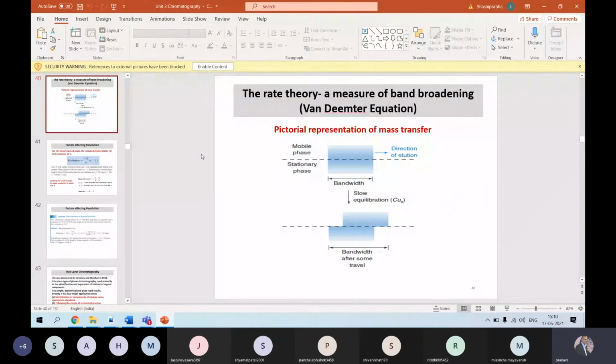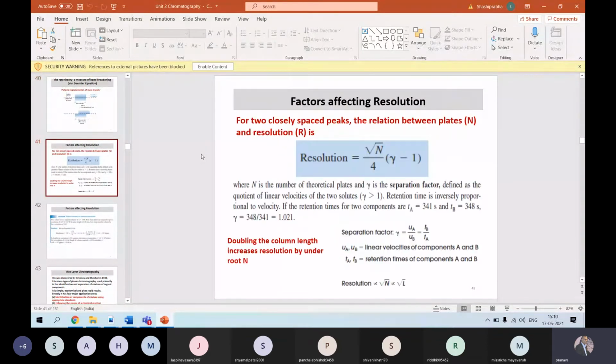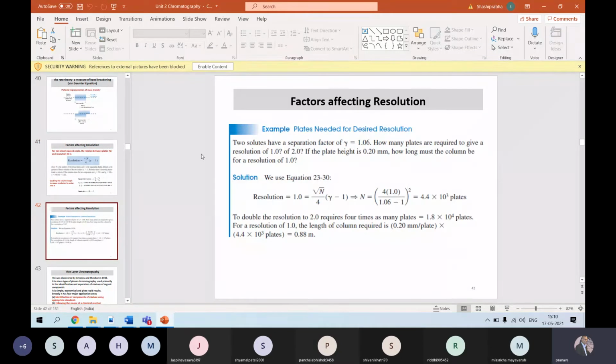Van Deemter equation, and then the related factors which affect resolution. I suppose we did this, and then we also did this simple numerical, how we can get some idea about the column length for a given resolution based on the separation factor, right?